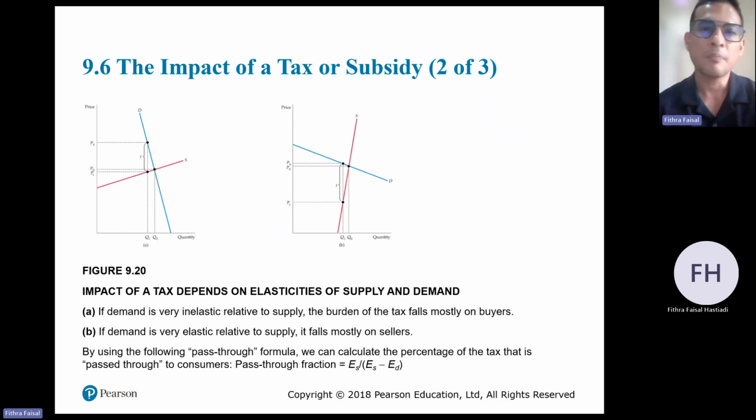It depends on the elasticity. If the demand curve is quite inelastic, the one that endures most of the tax is the consumer. But if the supply curve is inelastic, the one that endures the tax more is the producer. So it depends on the inelasticity or elasticity.